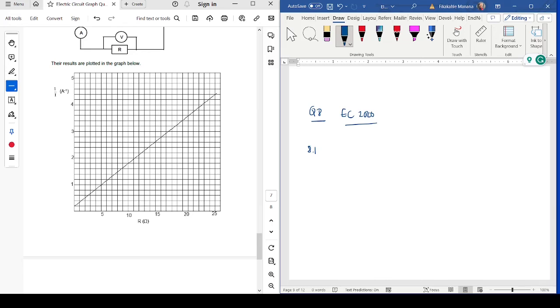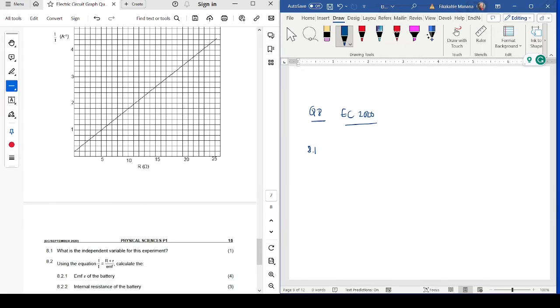The independent variable is normally plotted on the x-axis, where it doesn't really need anything else to exist. The resistor is what it is. But 1 over I is dependent on the resistor. Hence y-axis dependent, x-axis independent. So in this case, our independent variable would be the resistance.